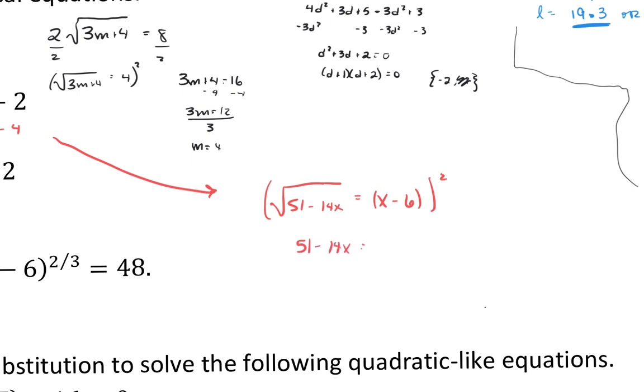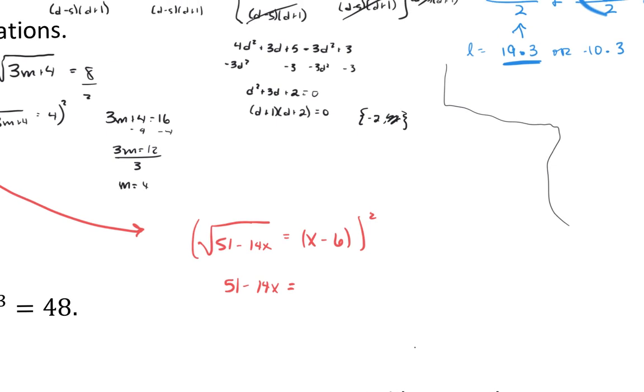The right-hand side, though, we're going to have to FOIL that out. So we have (x minus 6)(x minus 6). Our first term is going to be x squared. Inside is our minus 6x. Outside, again, is minus 6x. And the last term is 36. So that will give us 51 minus 14x equals x squared minus 12x plus 36.